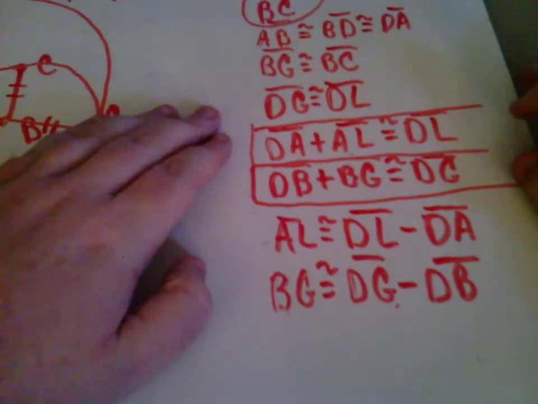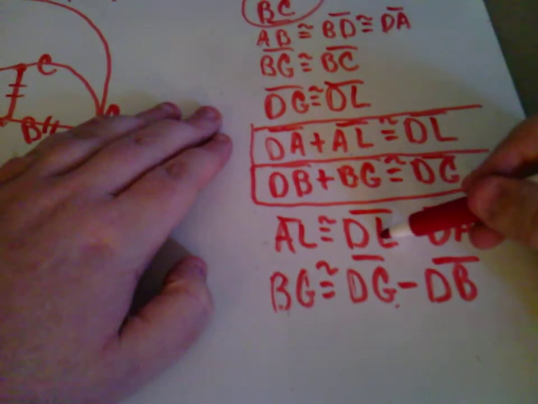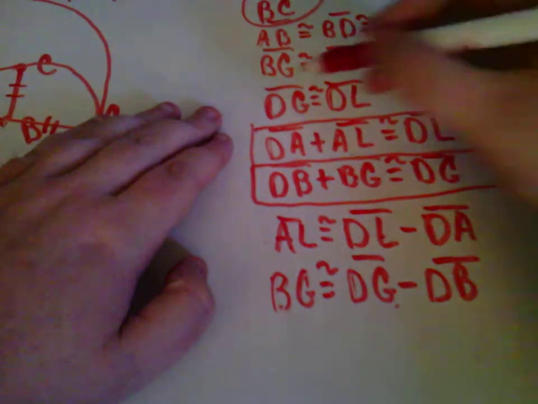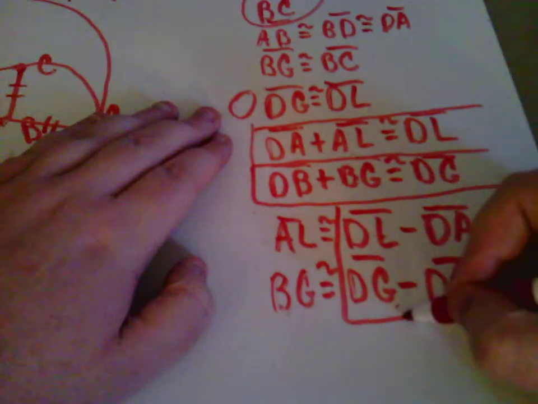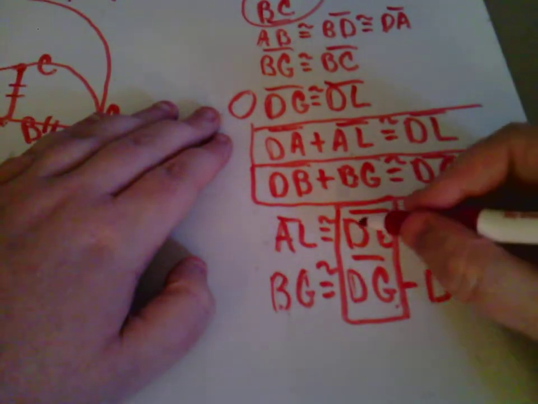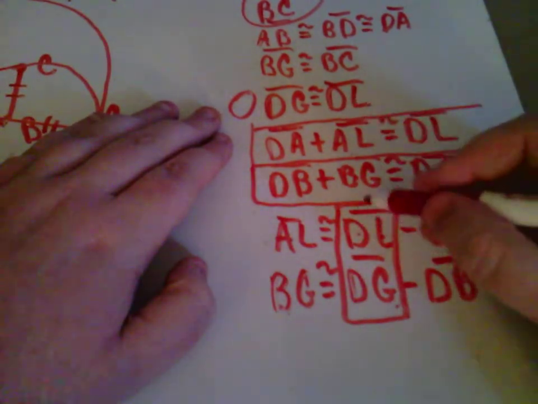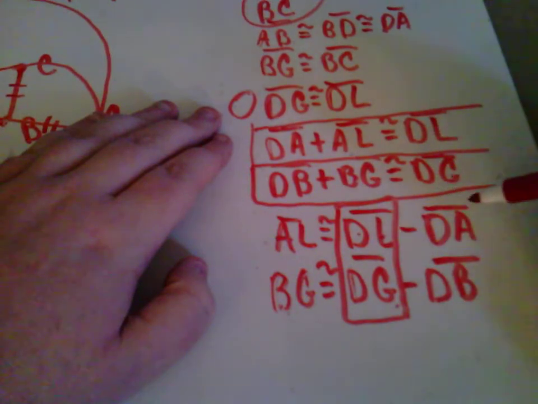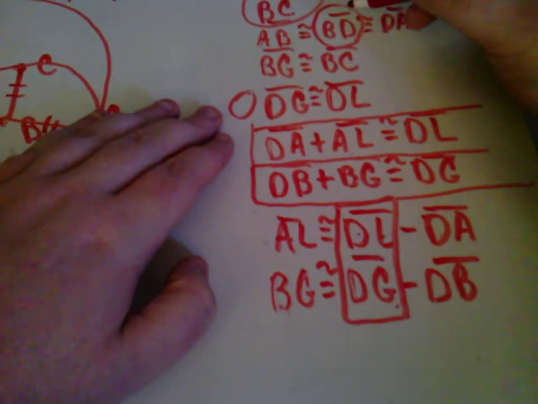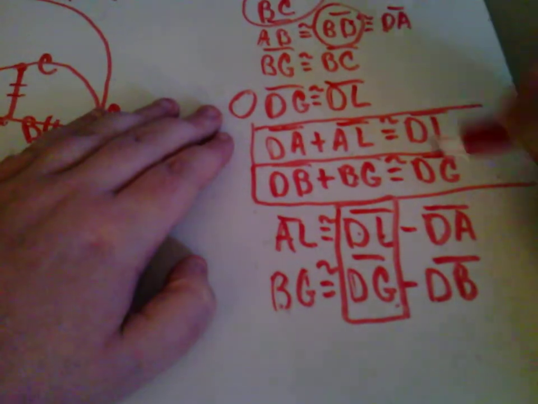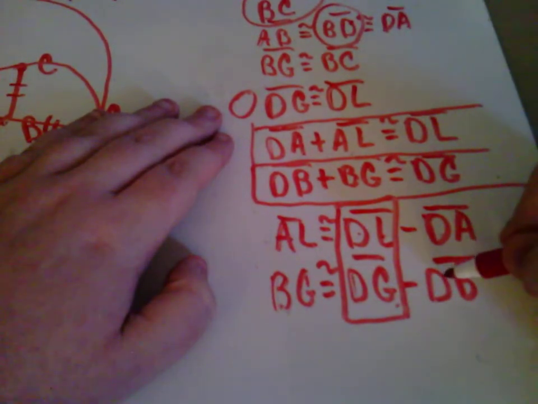Take a look at what we have. DL by this part here is congruent to DG. So these two things are equal. All right? DL and DG are the same thing. Likewise, DA and DB are also the same. Do you see where, though? Take this here. Segment DB is the same thing as segment BD.